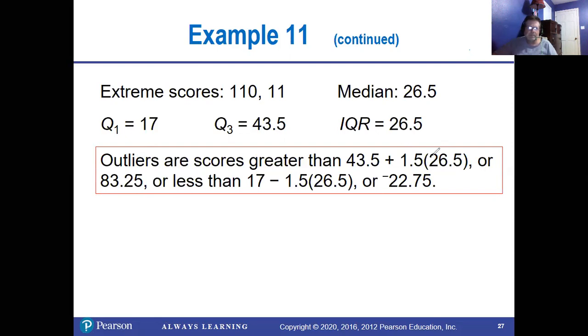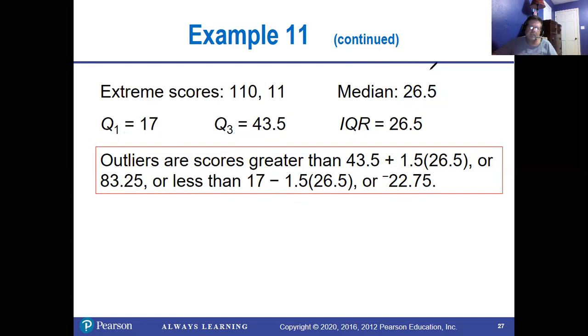All right, so to find if it's an outlier, you take this number plus 1.5 times the interquartile range. If a value is higher than that number, it's an outlier. If it's less than the first quartile minus 1.5 times the interquartile range, which is negative 22.75, if it's lower than that number, then that's also an outlier.